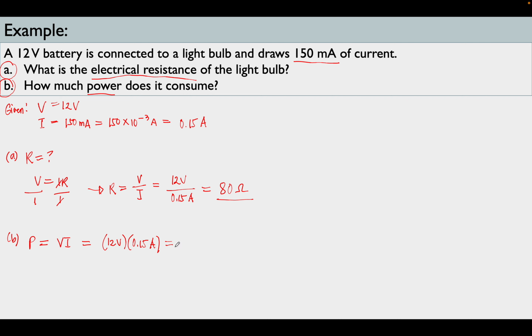So 12 times 0.15 is equal to 1.8 watts. This is the power that is consumed by the light bulb. So for the third example, for letter A, the electrical resistance of the light bulb is equal to 80 ohms, and for letter B, the power consumed by the light bulb is equal to 1.8 watts.